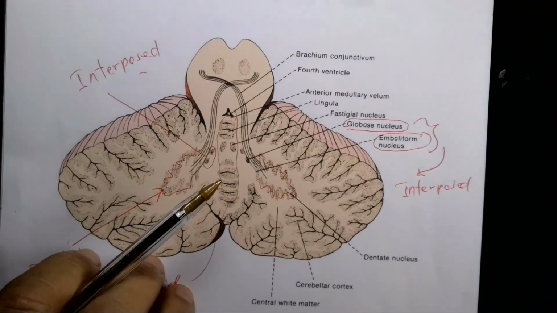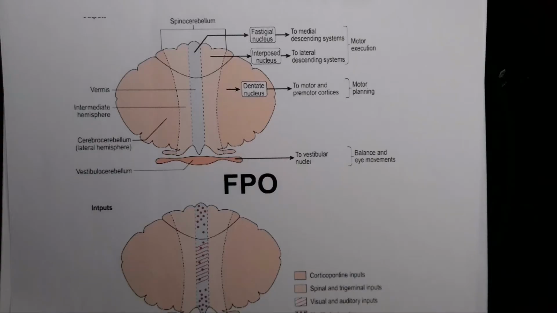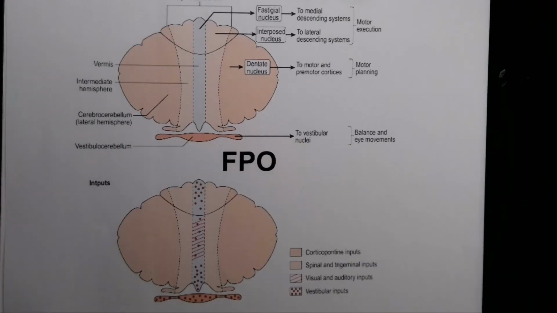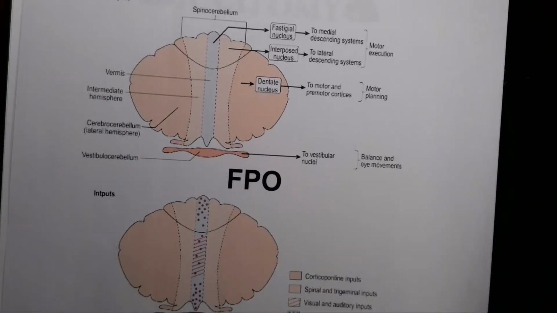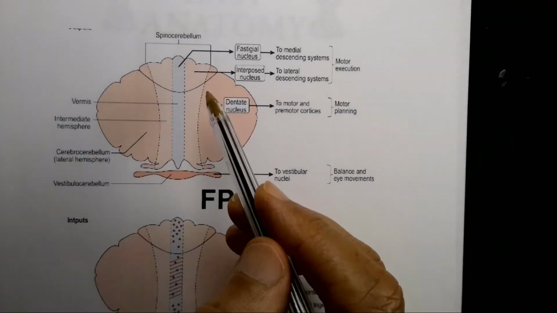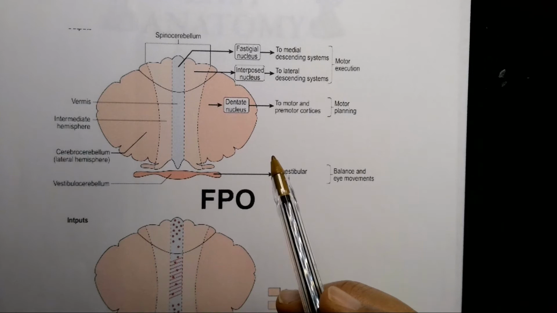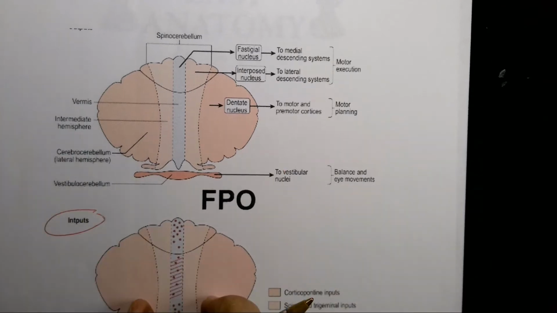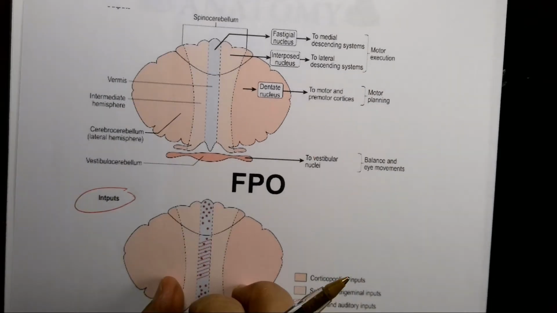So let us move forward to see the input and the output of these nuclei, because this is what explains the function of the cerebellum. If you look carefully here at the output and the input, the lower figure is the input and the upper one is the output.